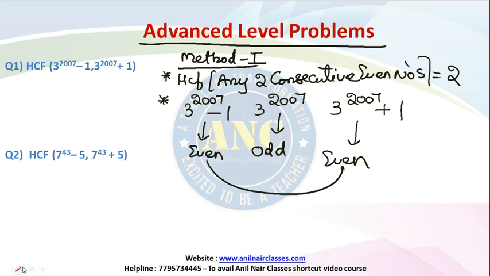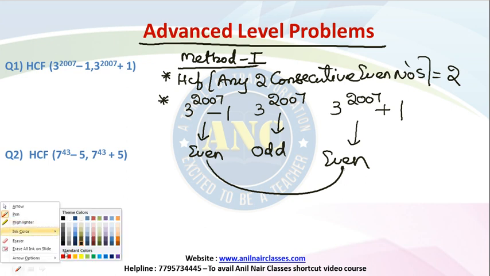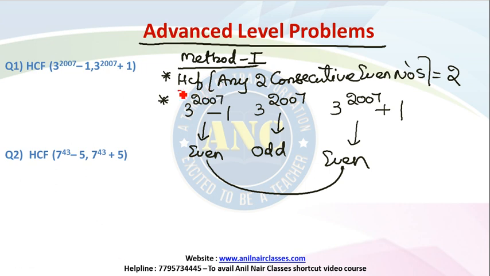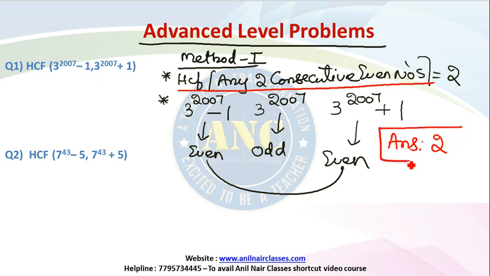What is the HCF of any two consecutive even numbers? Answer is nothing but 2. This is how to solve the first problem using method 1. I hope it is clear.